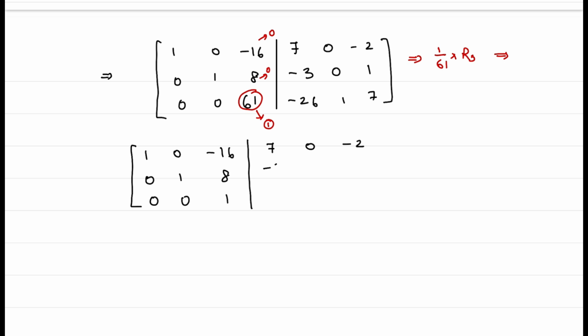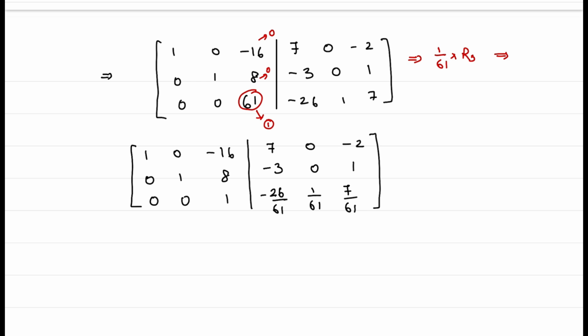I am not doing anything for the second row. I am only operating on the third row divided by 61. That is minus 26 by 61, 1 by 61 and 7 by 61. This is my augmented matrix. Now I have 1 with me. I will operate very easily.